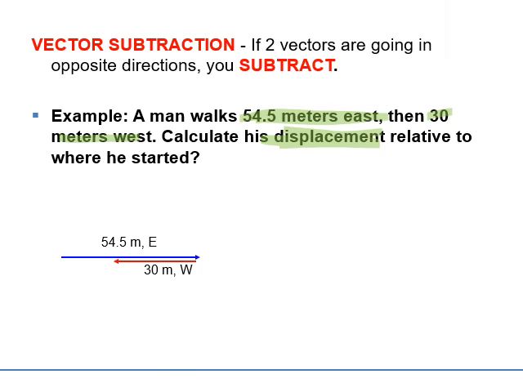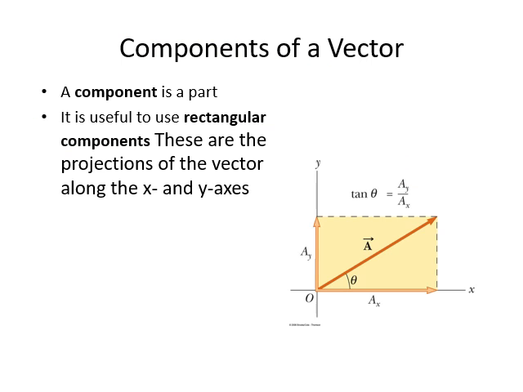So if you want to find the displacement, what was the displacement? Displacement delta x was your final position minus the initial position. So now your displacement will be just this. So you will have 24.5 meters. That will be the answer.